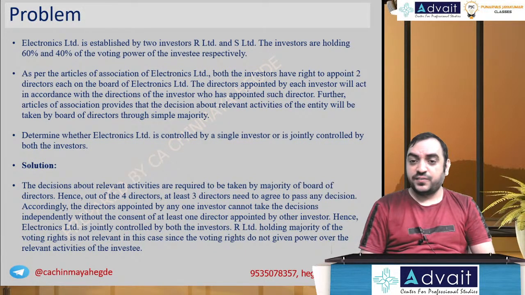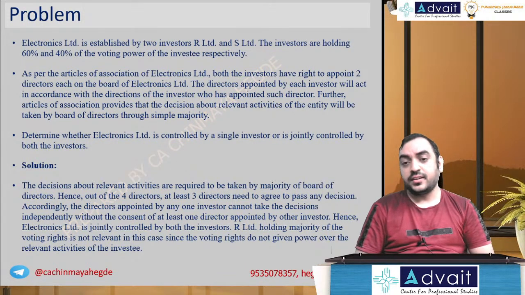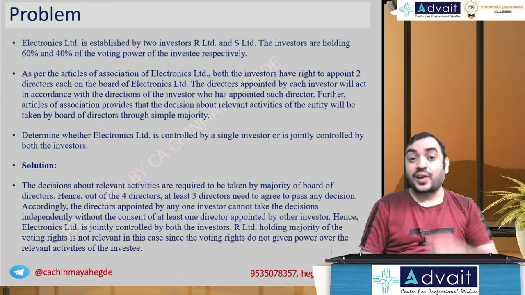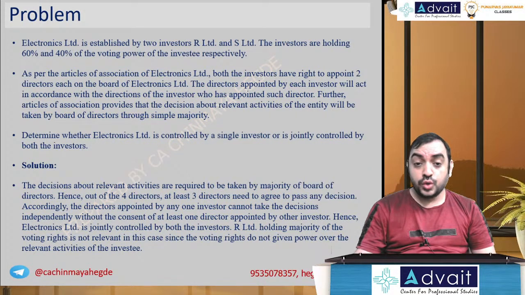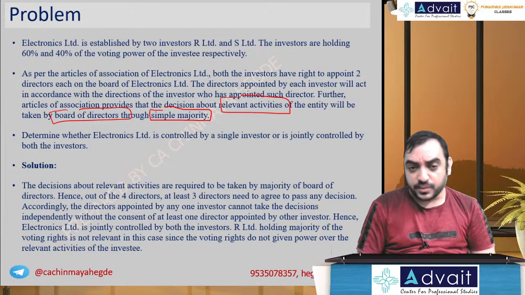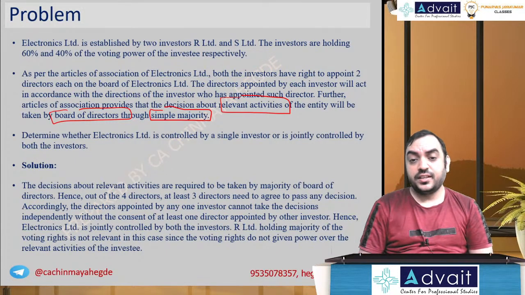Directors appointed by each investor will act in accordance with the directions of the investor who has appointed them. Further, the Articles of Association provide that decisions about relevant activities of the entity are taken by the board of directors through a simple majority. Determine whether Electronics Limited is controlled by a single investor or jointly controlled by both investors.